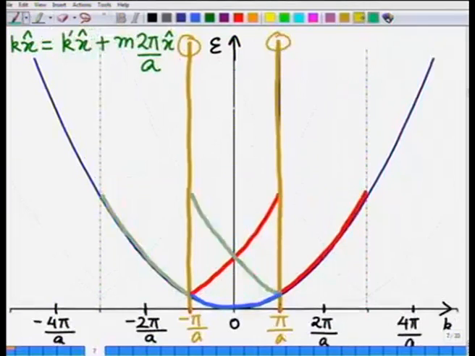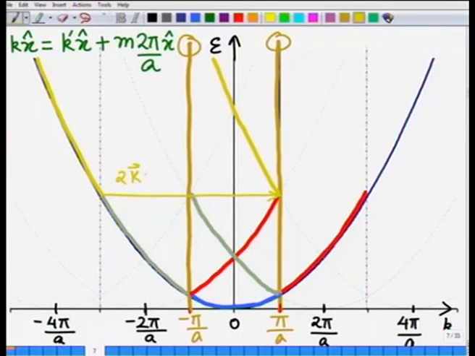Now, if I look at another portion further up, let us say this portion here, I can use 2K vector, and this portion can again be transformed into this particular curve, and it will be transferred as follows, where this is equal to 2K, two times 2 pi by a.